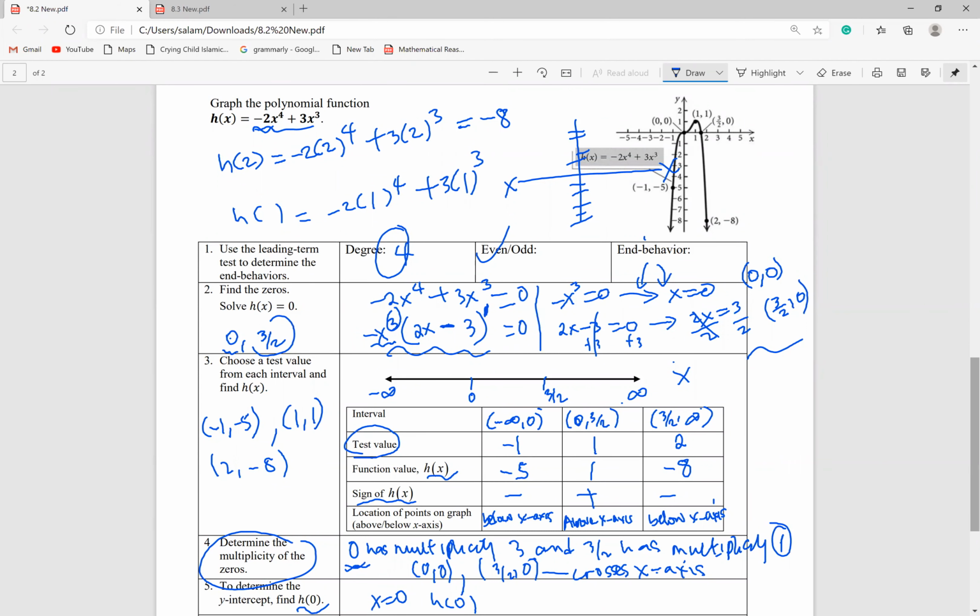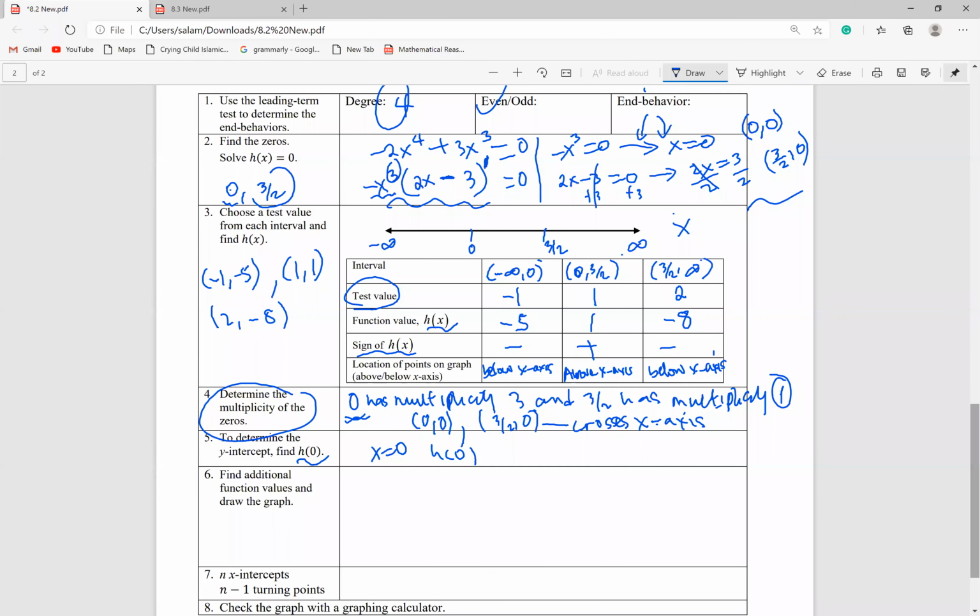I can write that as -2 times 0 raised to the power 4 plus 3 times 0 raised to the power 3, which equals 0. So we're simply confirming back that 0, 0 is a point. When x equals 0, y equals 0, and when y equals 0, x equals 0.